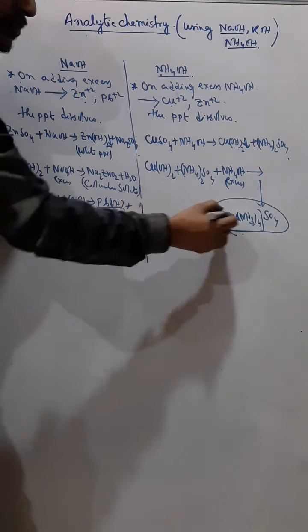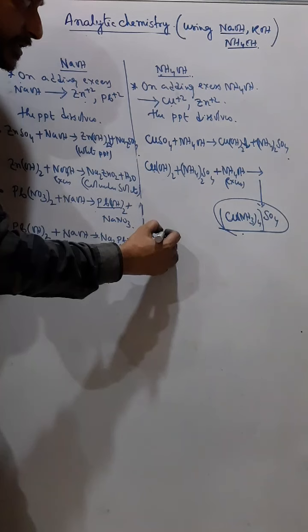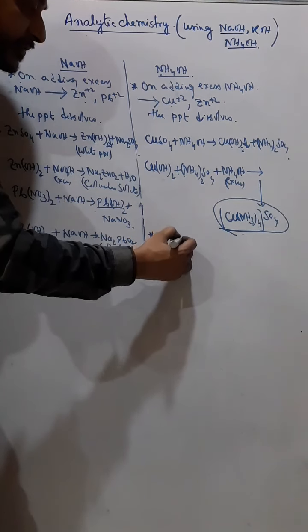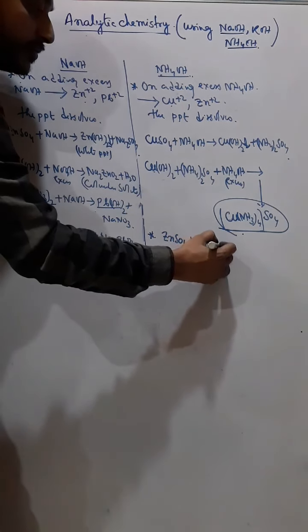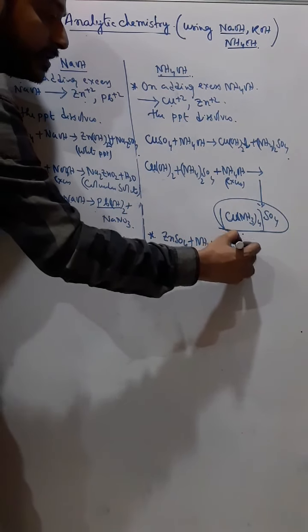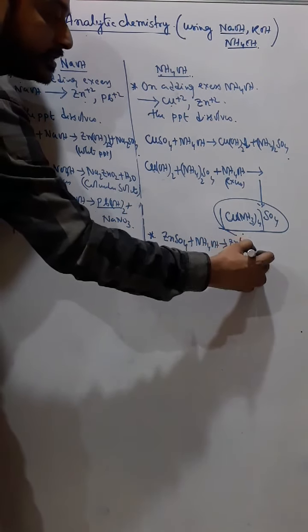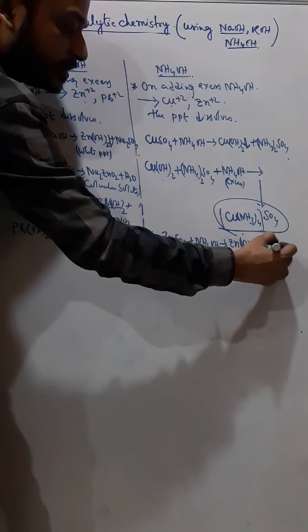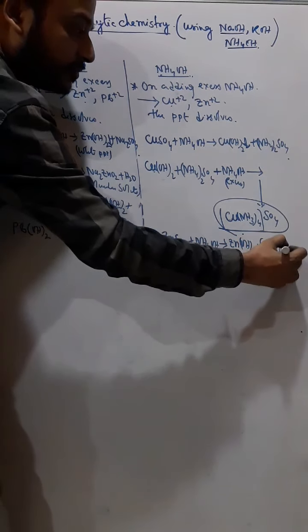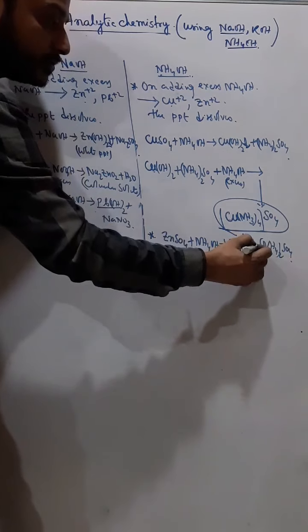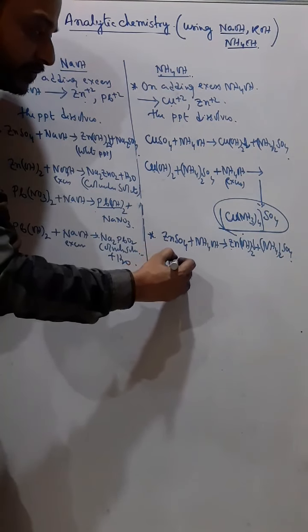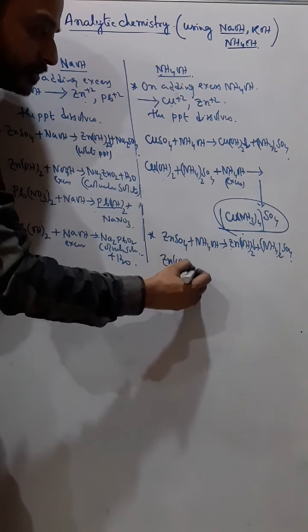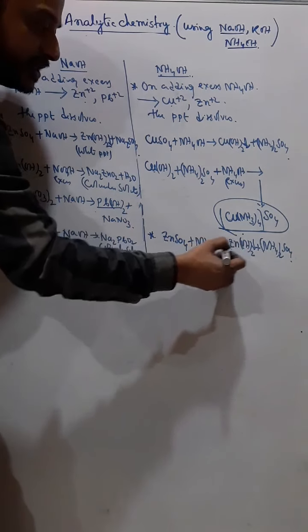And in case of zinc also a similar reaction: again you take zinc sulfate plus NH4OH, what do you get? Zn(OH)2 plus (NH4)2SO4, so this is again a gelatinous white PPT, and on adding excess of NH4OH to this white PPT, it gets dissolved.